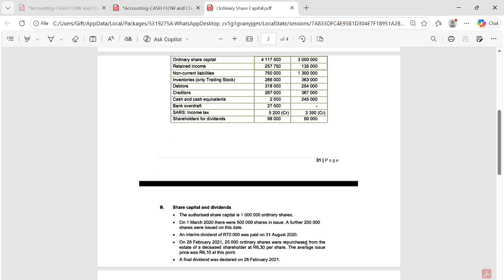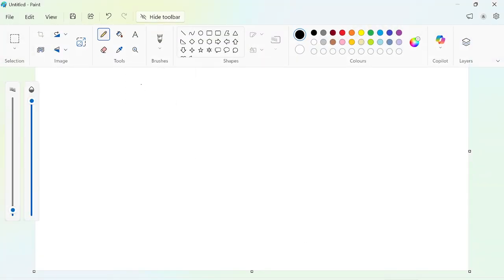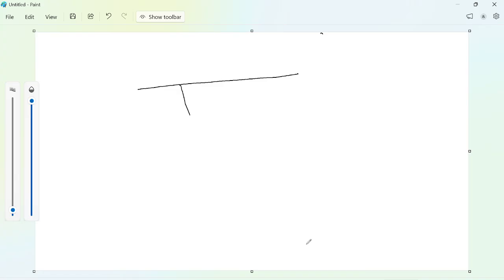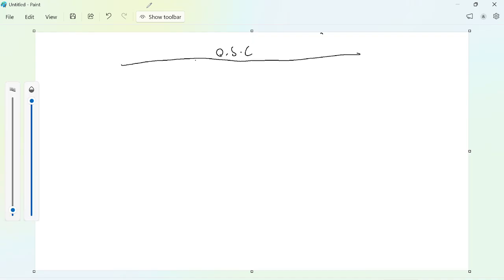Now let me complete it fast. So I'm going to create my ordinary share capital note. So this is the shares, and this is your amount.